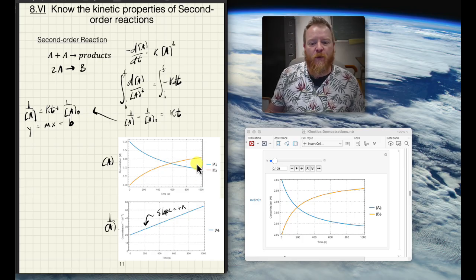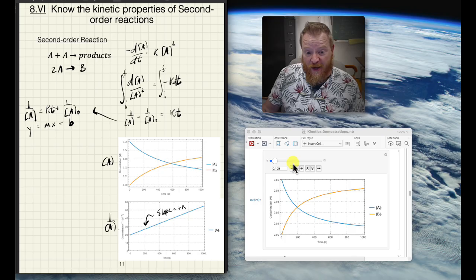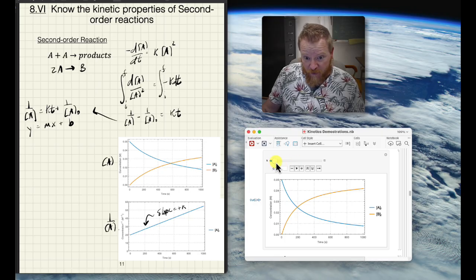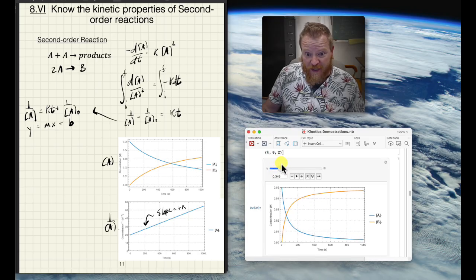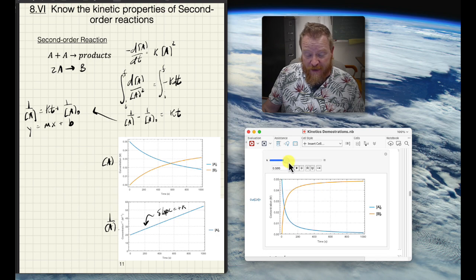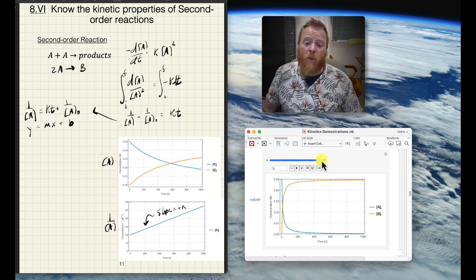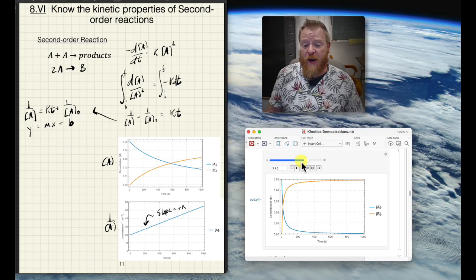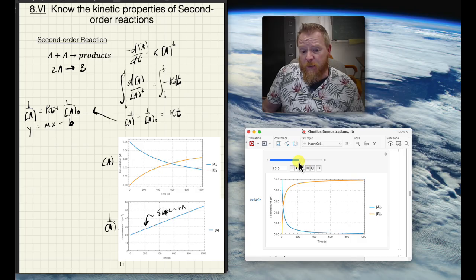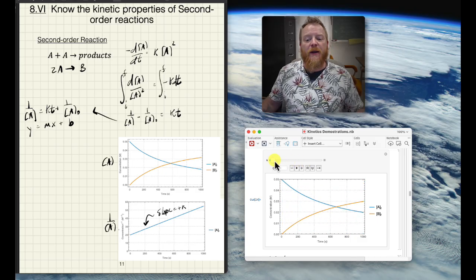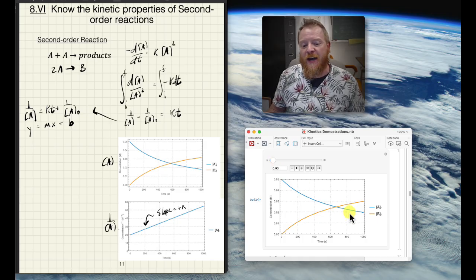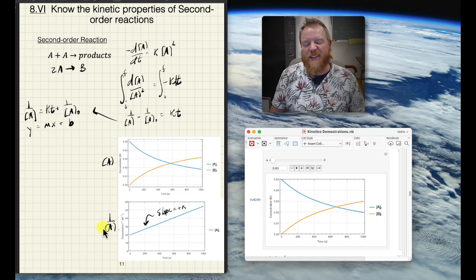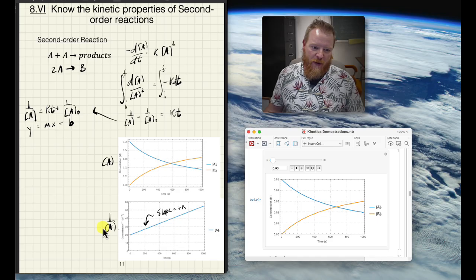When we look at how that rate constant changes in this Manipulate model, you can see as I increase the value of the rate constant, it looks very much like what's happening with the first order reaction, where the reaction is over in a very short period of time. Similarly, I can decrease the rate constant, and that has the same effect. But again, it's important to note that this is not an exponential decay. It's this 1 over concentration type behavior, all right?